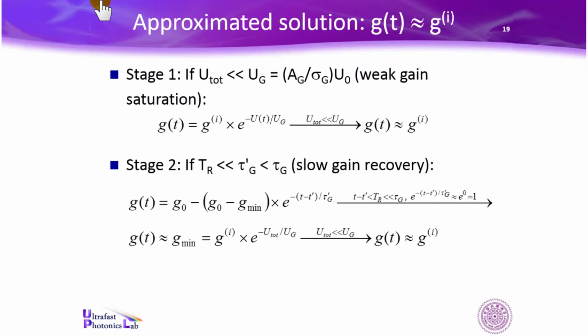So let's re-examine the formula in stage 2. If this assumption is correct, then very similarly, this term is close to 1 because the exponent is close to 0. T minus T prime is always less than the repetition period.